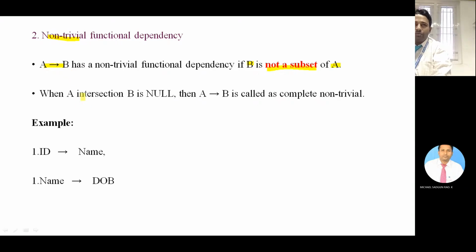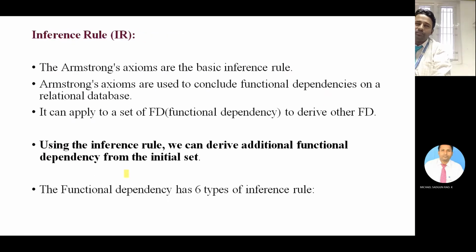Consider A is a set of some attributes, B is a set of other attributes. If you perform A intersection B of those two sets, then the intersection should become null. Then only it is a complete non-trivial. Examples: ID determines name, name determines date of birth.